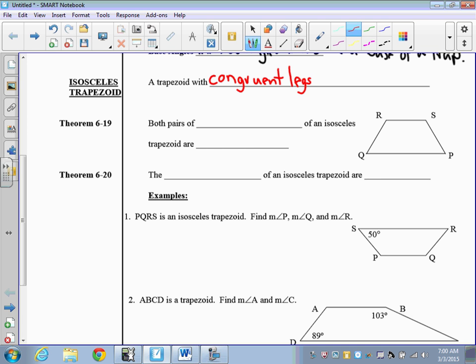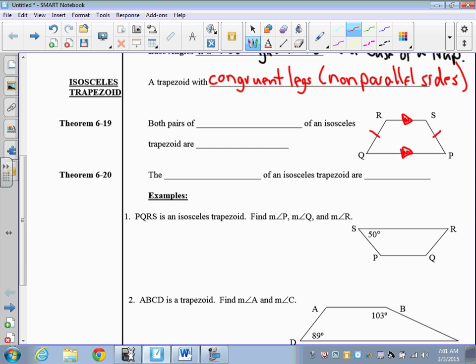So remember, the legs were the non-parallel sides. So if I look at this trapezoid here, PQRS, it's an isosceles trapezoid whenever those two sides are congruent. The two opposite sides that are non-parallel are congruent. We still have to have those two opposite parallel sides because it needs to be a trapezoid.